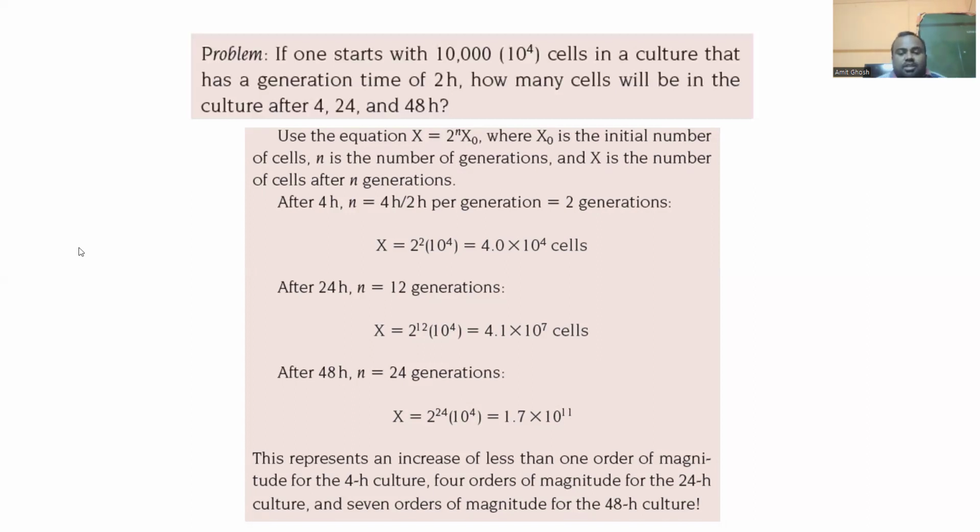After 24 hours, the cell number will be 4.1 into 10 to the power 7 cells. And after 48 hours, the cell number will be 1.7 into 10 to the power 11 cells. And this represents an increase of less than 1 order of magnitude for the 4 hour culture, 4 orders of magnitude for the 24-hour culture, and 7 orders of magnitude for the 48-hour culture.